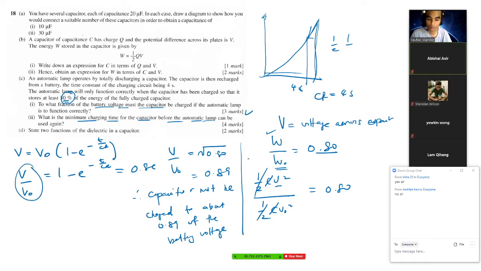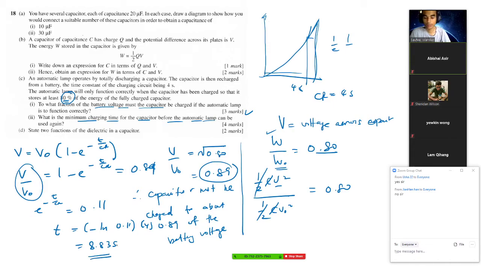So e to the power of negative T over CR equals 0.11. So T equals negative ln 0.11 times 4, which equals 8.83 seconds. This is the answer: 8.83 seconds to charge the capacitor before it can be used again.